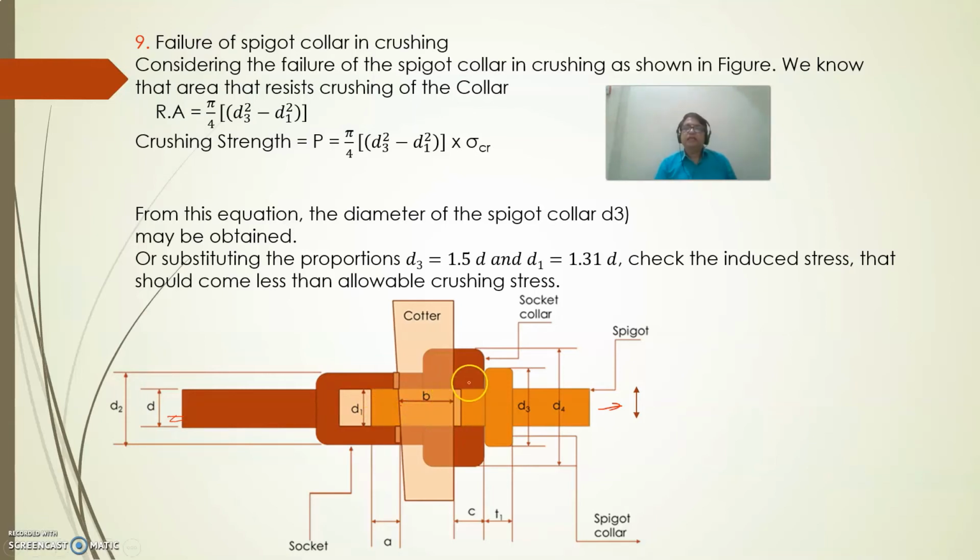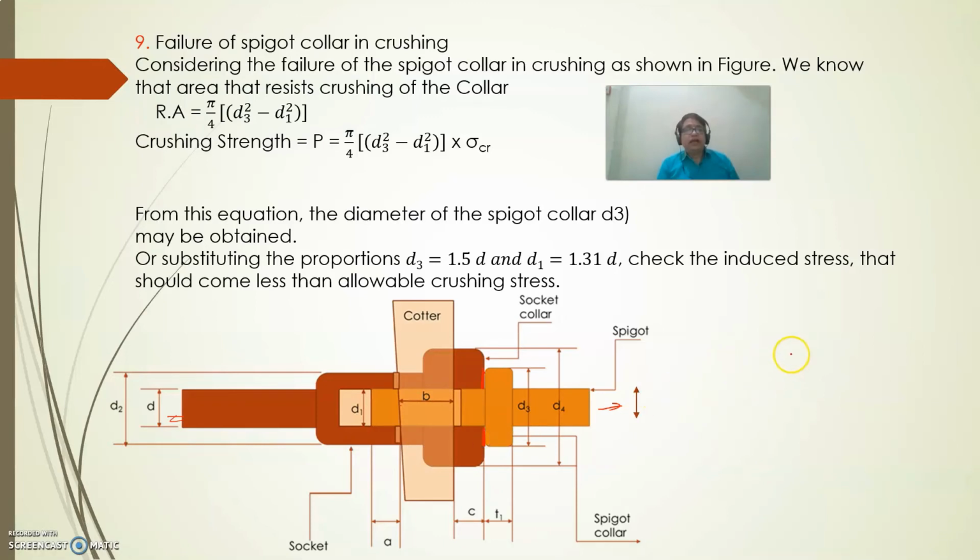You take anything, don't take both. We have to take the spigot collar in crushing. So this is the spigot, and this is the spigot rod end. This we have already checked. Now the spigot collar in crushing is this area.